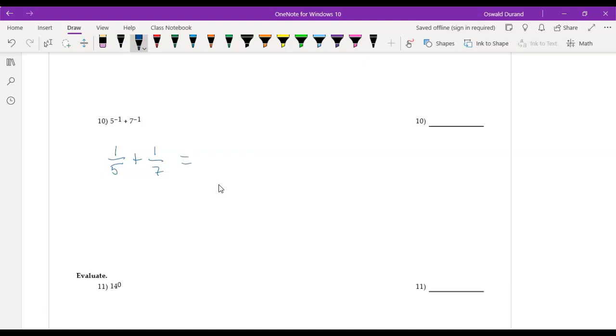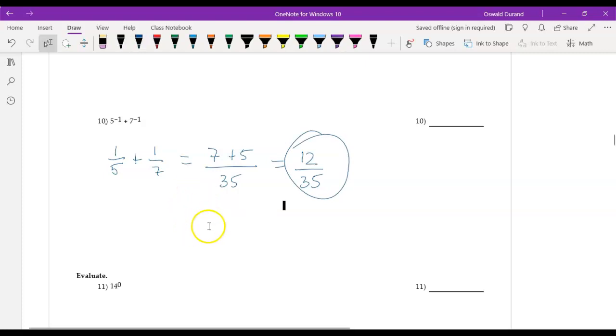And we know how to deal with fractions. So it's going to be 7 plus 5 over 35. And that gives me 12 over 35. Okay. All right. So that was for negative exponents.